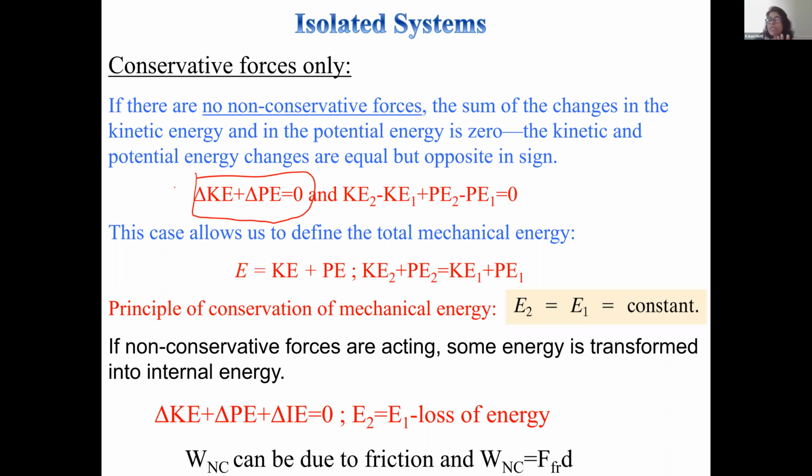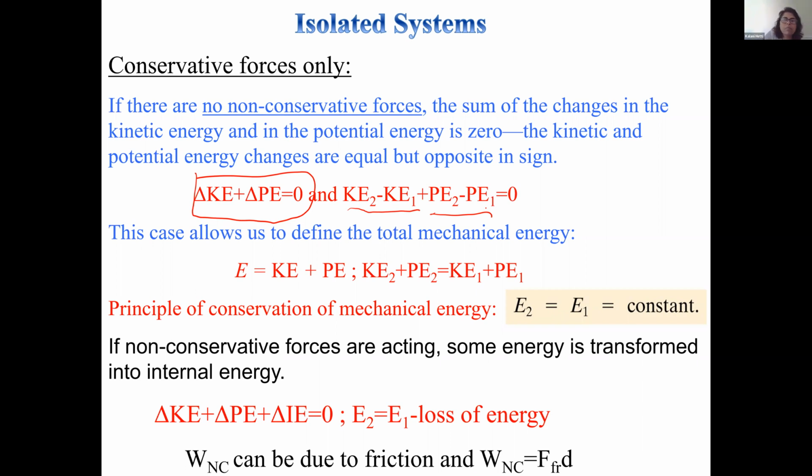The energies we are discussing are kinetic and potential. Change of kinetic energy means kinetic energy final minus initial, or number 2 minus number 1, and potential energy difference is number 2 potential energy minus number 1 potential energy.